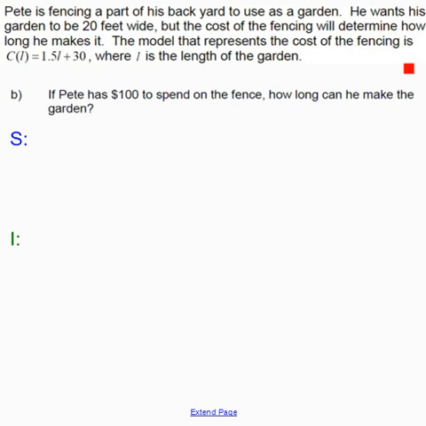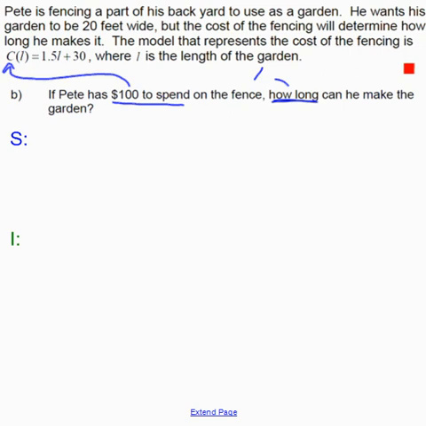So the next thing we get asked is, if Pete has $100 to spend on the fence, how long can he make the garden? So again, be clear on what you have and what you're looking for. You have $100 to spend, that means the $100 goes in for the cost. And then it says, how long can he make it?